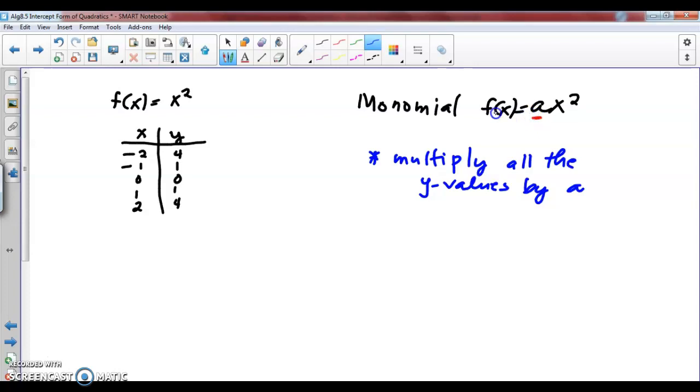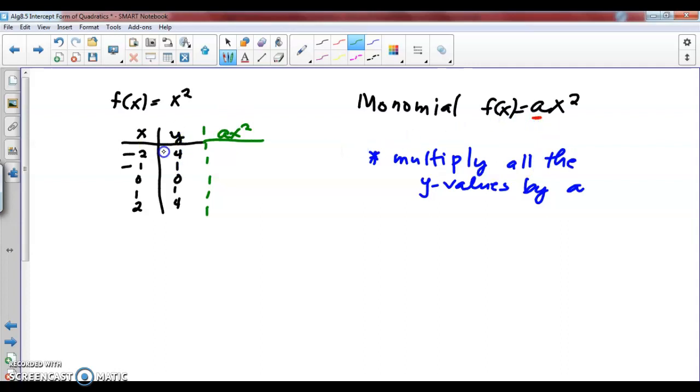You kept adding a column depending on what you need. So you can add another column here for ax squared, which is pretty much the y values here multiplied by the a value in the function.